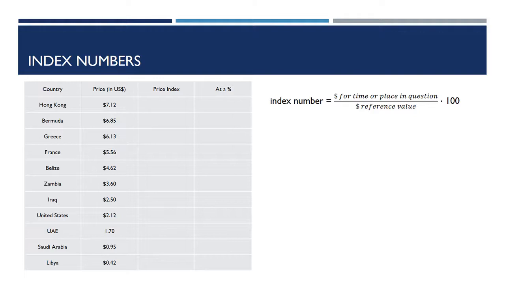So here we've got some index numbers. Remember that an index number is the money for the time or place in question divided by the reference value times 100. Since we're the United States and we want to compare everybody else to us, we're going to choose us to be the reference value. So the United States is $2.12, and we are going to figure out some price indices.